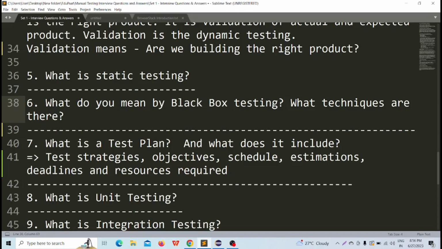Suppose we are sending a WhatsApp message, writing "hi, I am here", and we send it, and the message is sent to that particular person. We don't know what the internal implementation is, but we are giving some input and we are getting some output.